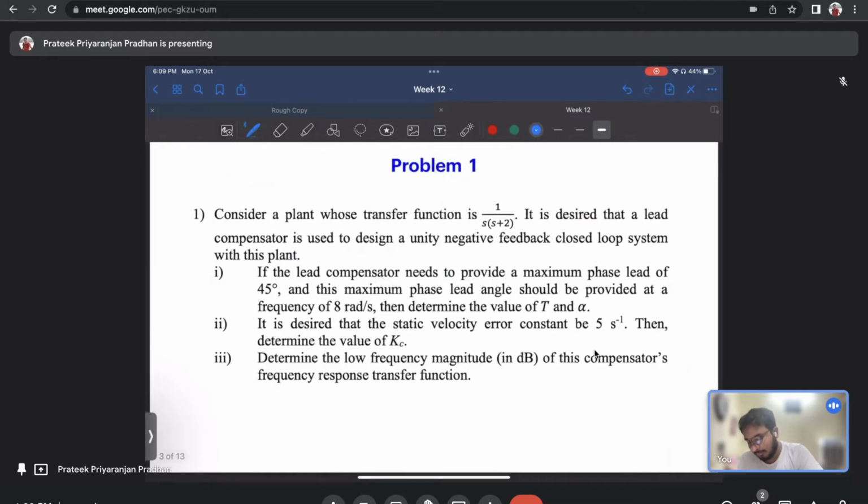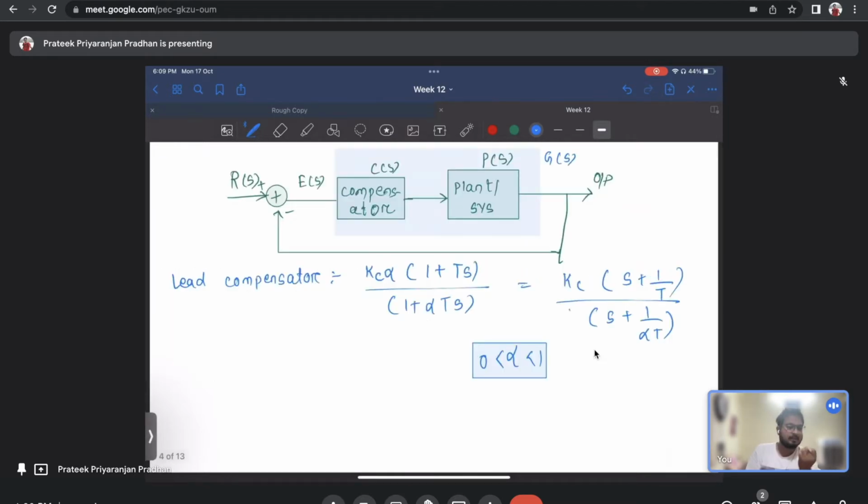In general, when we design a lead compensator, look at the block diagram. The plant is fixed, we cannot change anything in the plant. That's why we are introducing the compensator.